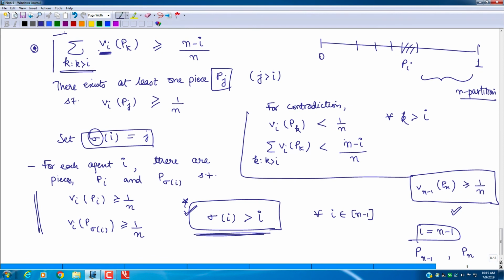Ahead of what you have cut, there will exist some piece of value at least 1 by n, right? So in particular, this is also true. I hope now some idea is coming to your brains.